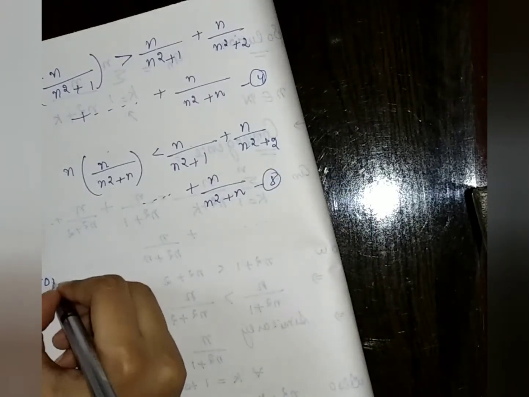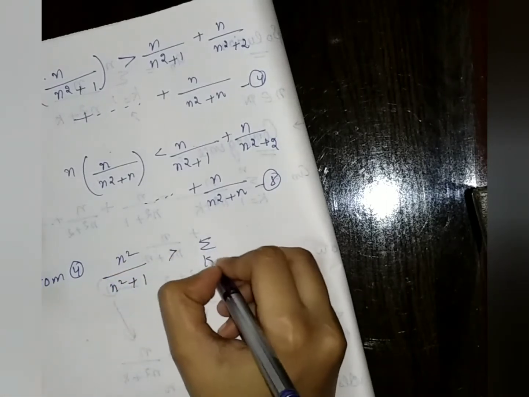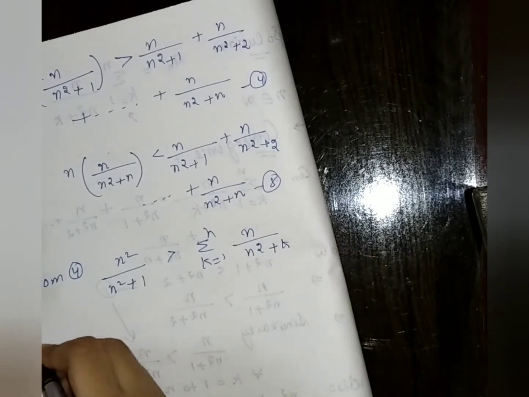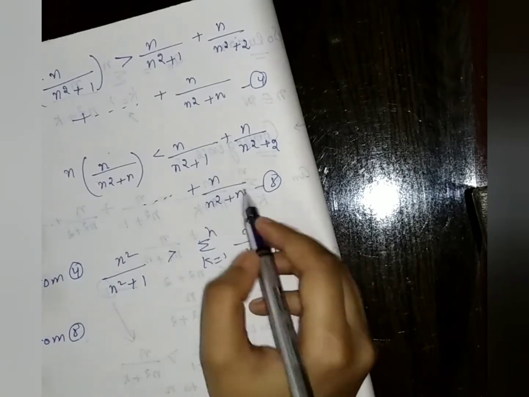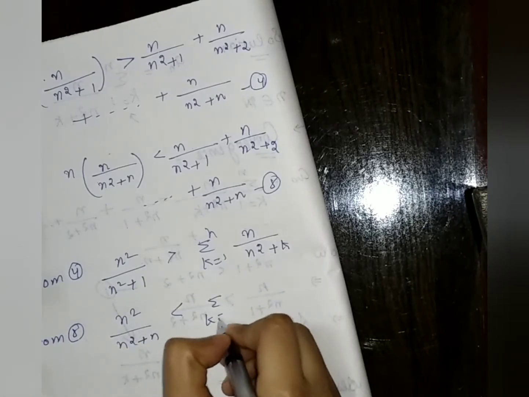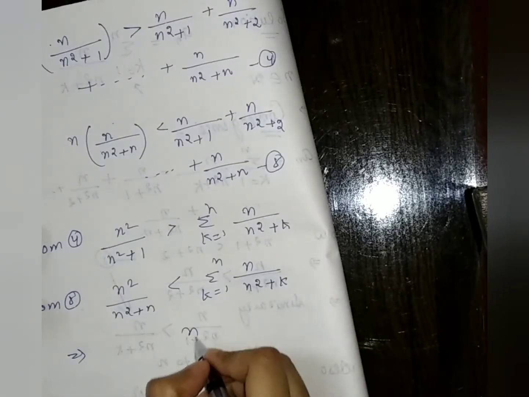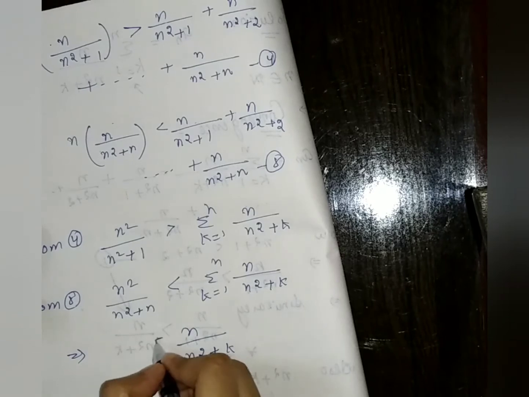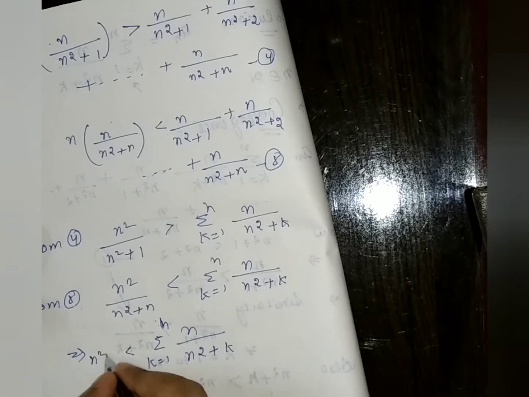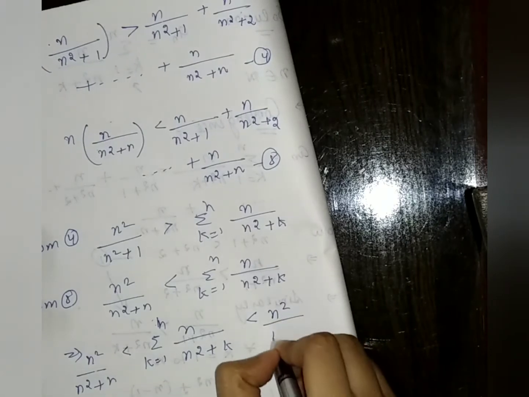From 4 we get n square upon n square plus 1 is greater than the summation, k from 1 to n, of n upon n square plus k, and from 5 we get n square upon n square plus n is less than that summation. Therefore the summation is greater than n square upon n square plus n, and less than n square upon n square plus 1.